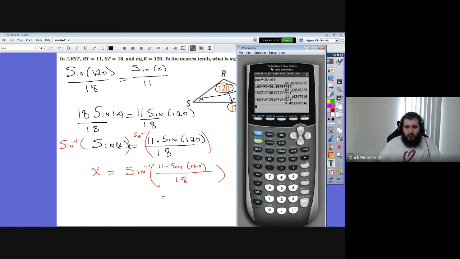So remember, inverse sine. So I'm doing second sine. I'm going to type in 11 times the sine, regular sine this time, of 120, close parentheses. Then I'm going to divide that by 18. Then I'm going to close parentheses again. Look what I get.